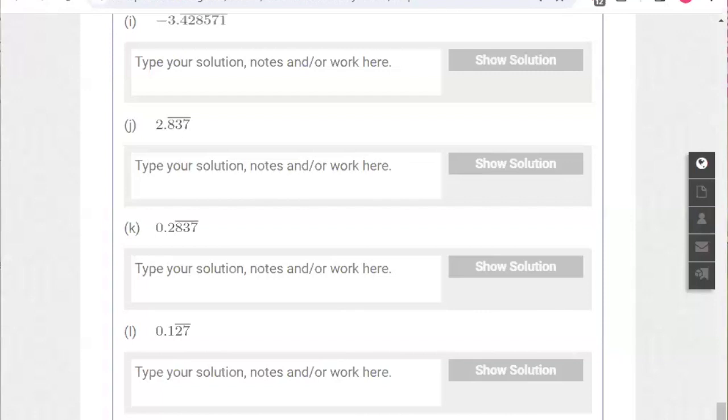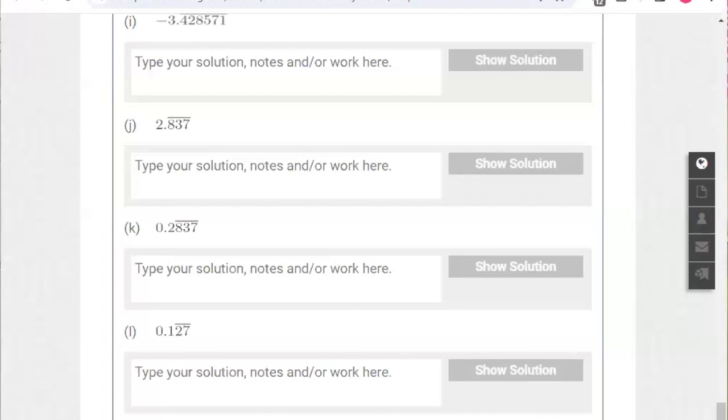Now what do you do? 126 over 999. Do they all divide by 9? Yeah, 126 divides by 9. Do you have a calculator or no? No. It's 14.